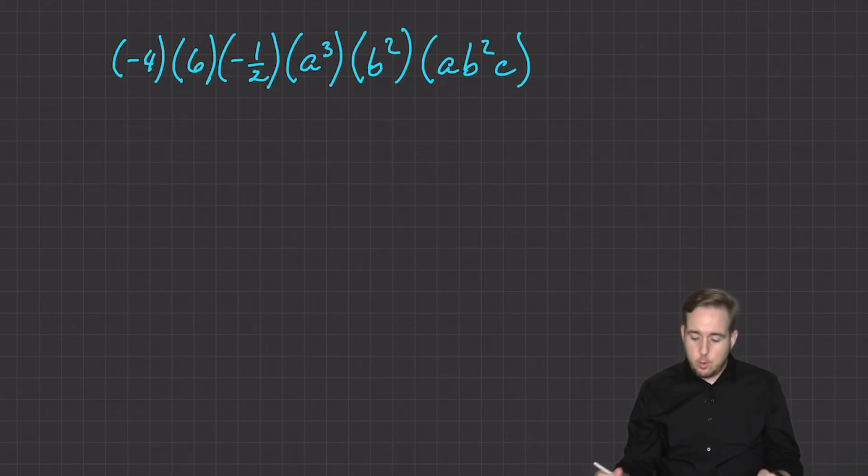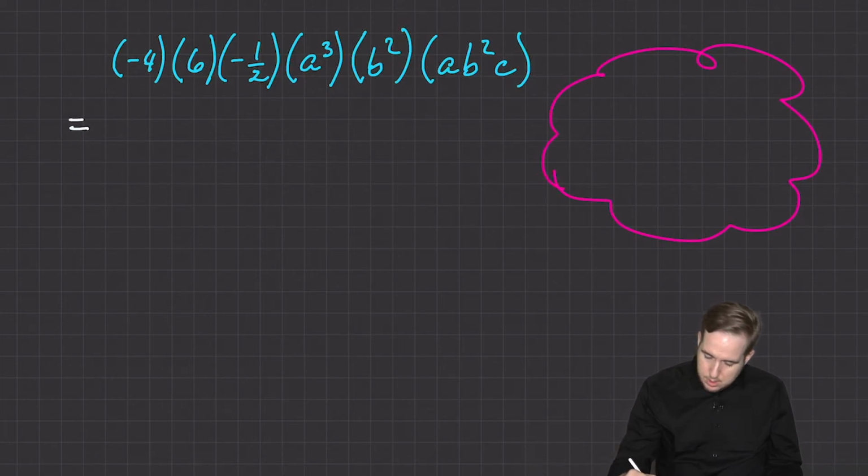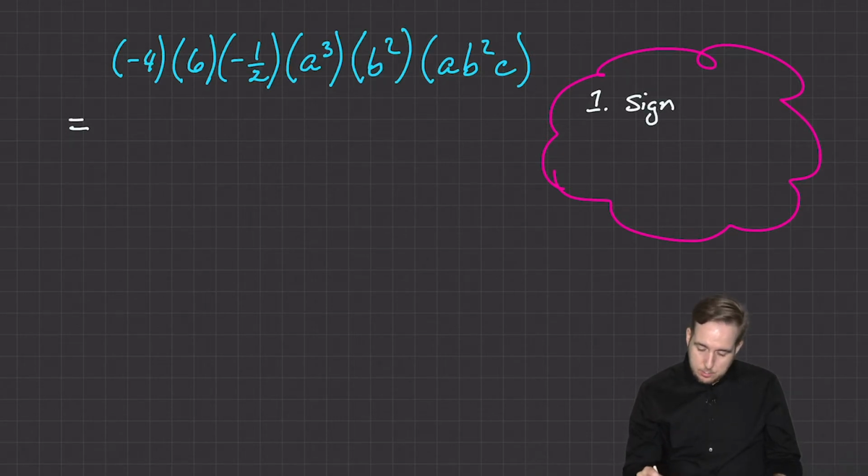It's about as hard a question as I can make, but it's still a piece of cake. First, I work out the sign. So actually, let's make a note of that. So step 1 is the sign. So in this case, we have a negative times a positive times a negative. 2 negatives means this answer will be positive. Okay.